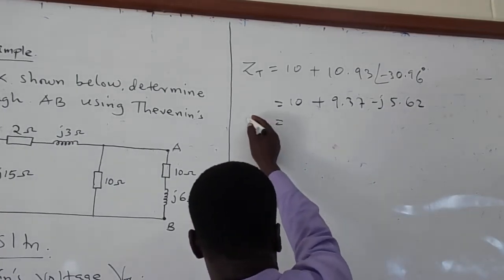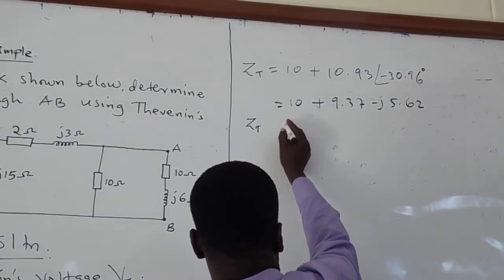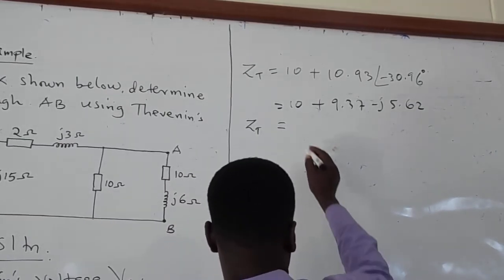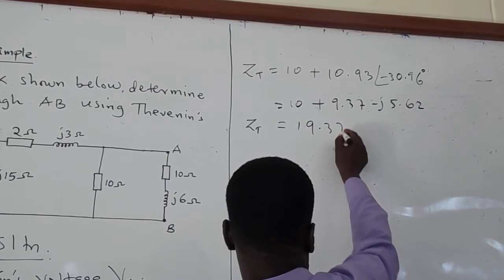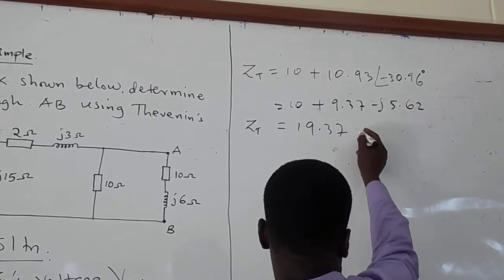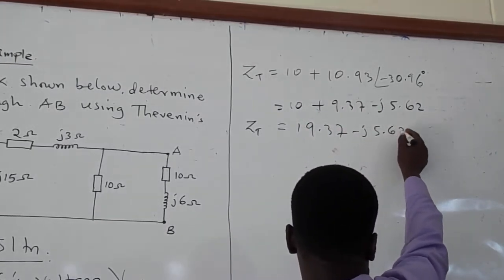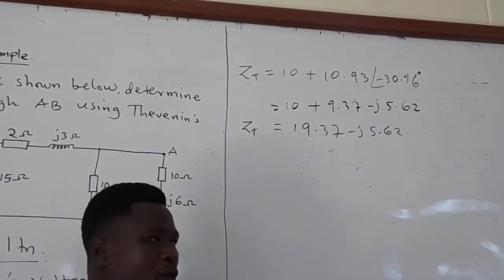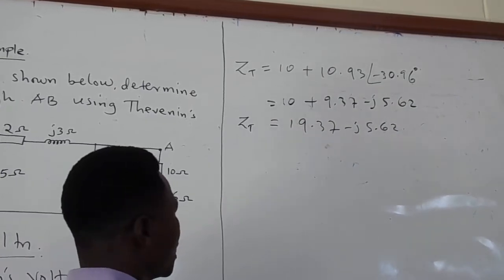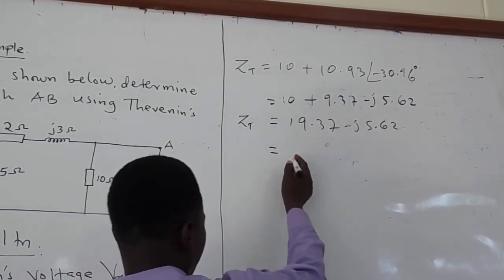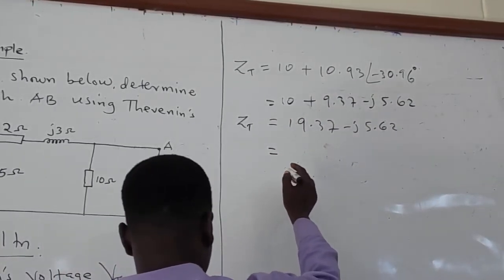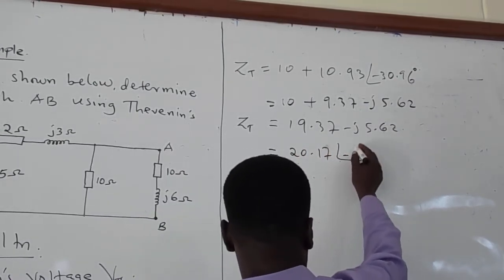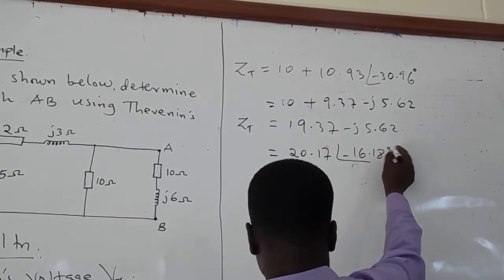So that gives the circuit impedance as 19.37, that is this plus this, the real parts, minus J5.62, which we can as well convert into polar form. And when we convert it into polar form, we get 20.17 at an angle of negative 16.18 degrees.